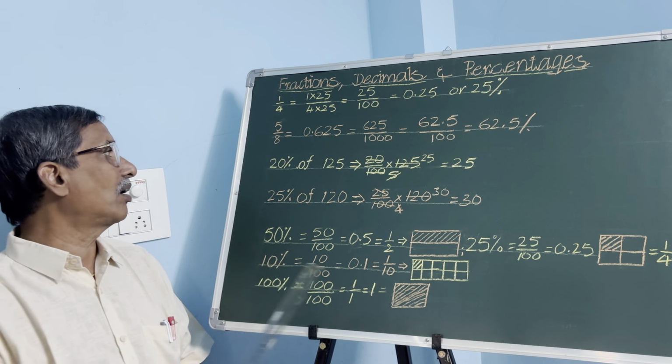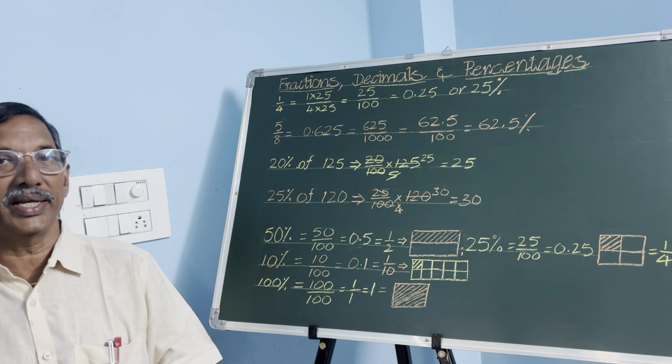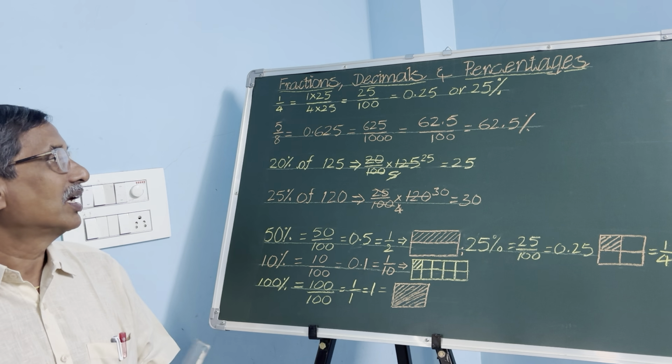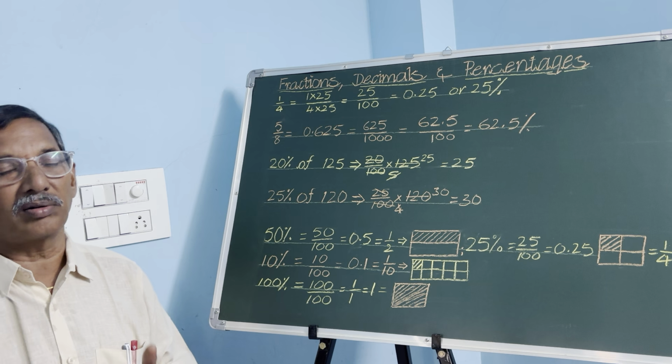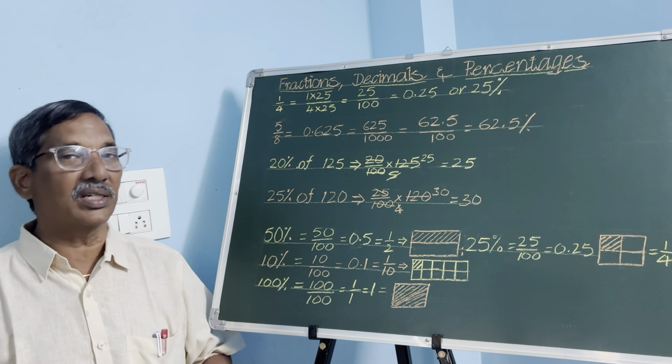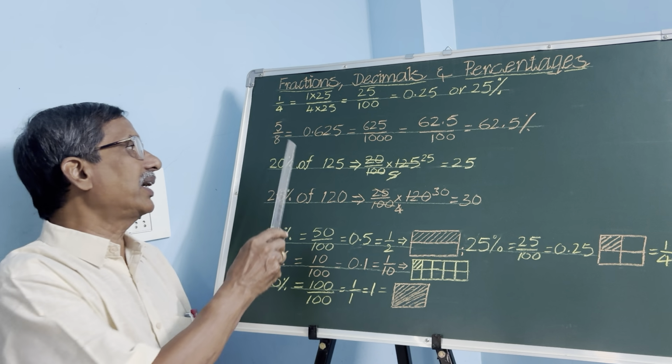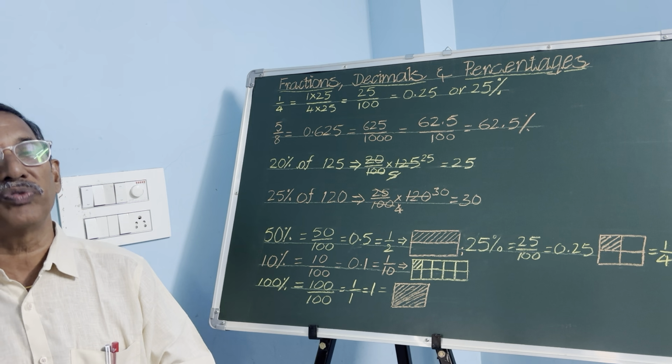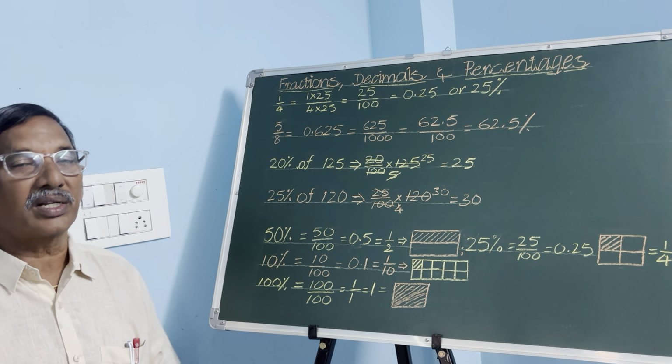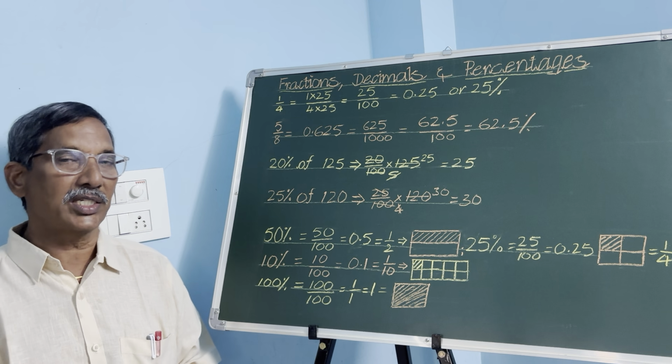Coming to the next example, 5 over 8 or 5/8. In the same way, we perform the division in the normal way and we will get 0.625. We know how to convert a normal fraction into a decimal fraction.